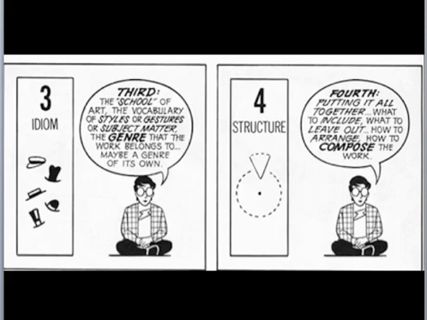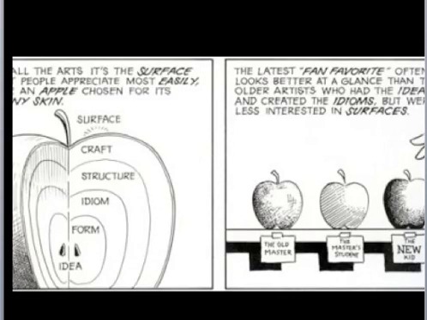Third, the school of art, the vocabulary of styles, gestures, or subject matter, the genre. This is what he refers to as the idiom that the work belongs to. Fourth, the structure: putting it all together, what to include, what to leave out, how to arrange and compose the work. So here we see it in the form of an apple: the surface, the craft, the structure, the idiom, the form, the idea.